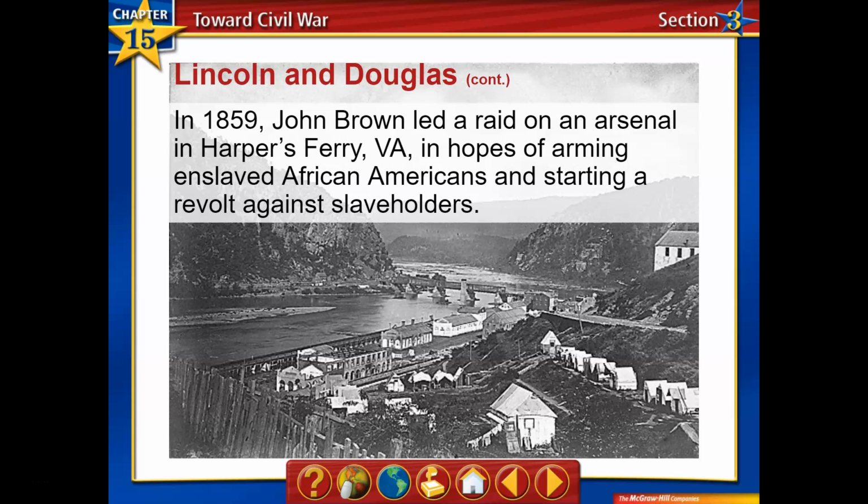So, also looking at another important event in 1859, John Brown is going to lead a raid on an arsenal in Harper's Ferry, which is in Virginia. And in going about this, his grand hope is that he can arm enslaved African Americans and start a revolt against slave owners, against slaveholders.